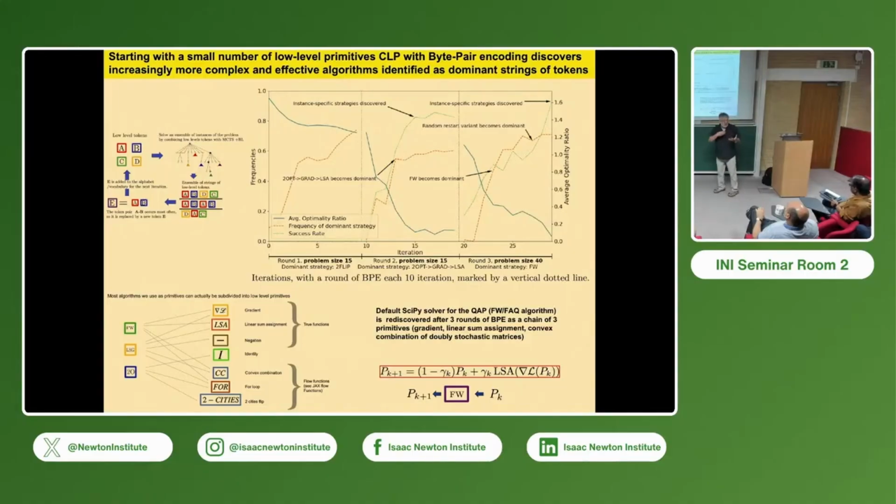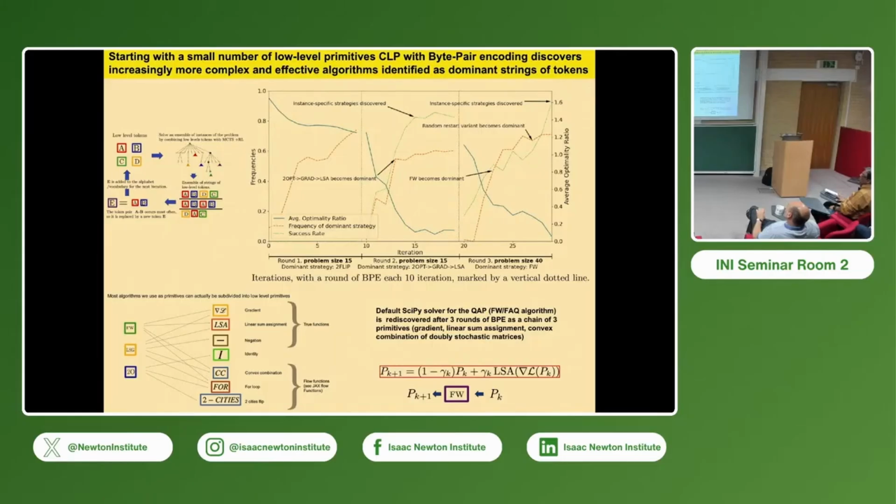Now we are going to apply this framework. Starting with a small number of low-level primitives, such as gradient applied to the loss relaxed to doubly stochastic matrices, linear sum assignment, negation, identity, convex combination, for loop, 2-opt flips. Those are very basic operations that you can do on your permutation matrix or its relaxation to doubly stochastic matrices, and those are going to define our primitives.